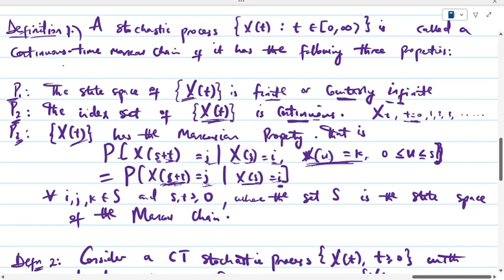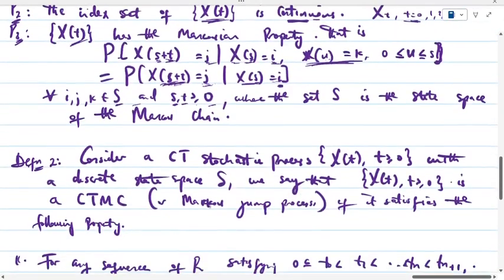Here i, j, k are all possible states in the state space of that particular stochastic process, and our times s and t are greater than or equal to 0.